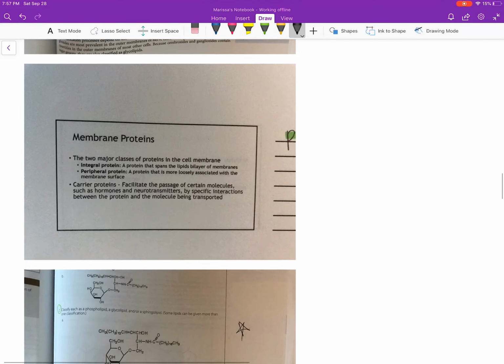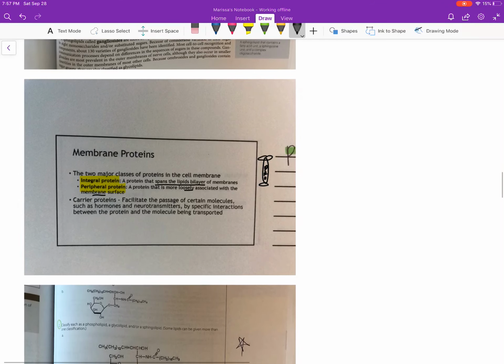There are 2 major classes of proteins in the cell membrane, the integral and the peripheral. The integral is one that spans the entire lipid bilayer, meaning it goes from one side to the other, so the protein is going to be quite large. The peripheral one is loosely associated with the membrane surface. If you think about peripheral vision, that's your side vision, what you can see off to the side.